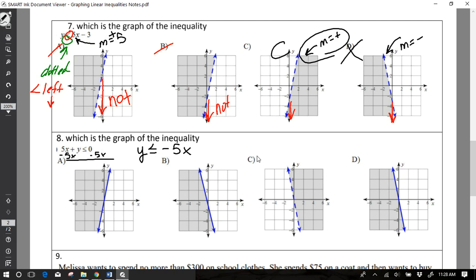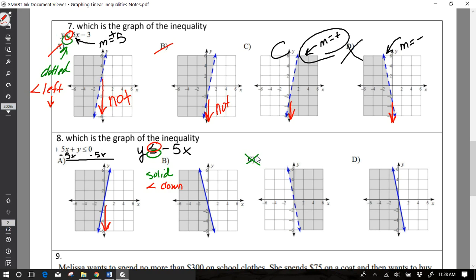Okay, and now let's start looking at our key features. This tells me I will have a solid line, which means that it cannot be C because that's dotted. Okay. This tells me that it is left, which is less than, which is down.